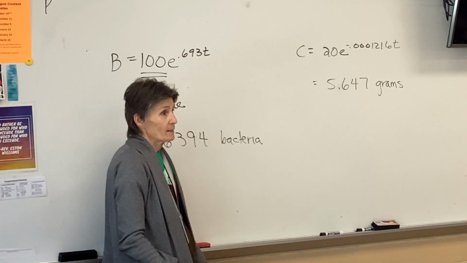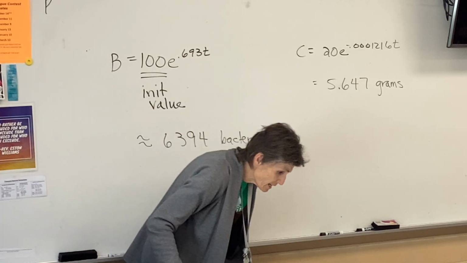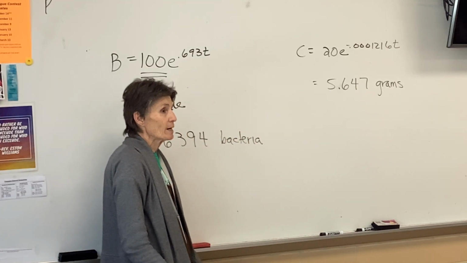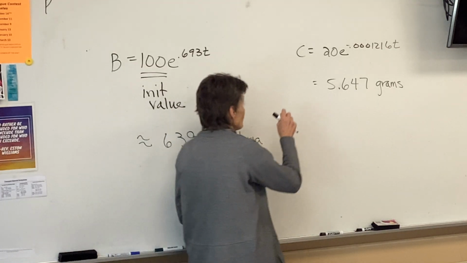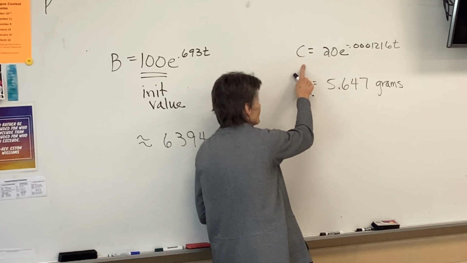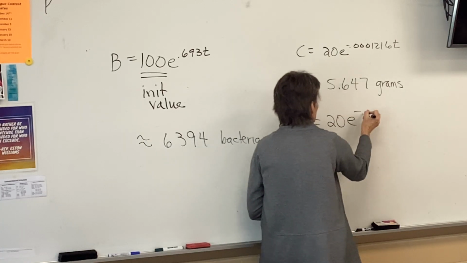Alright, everybody okay with 5.647? When will the amount be 10 grams? So in other words, we want this to be 10. So 10 equals 20 e to the negative.